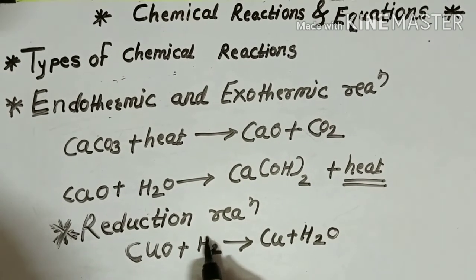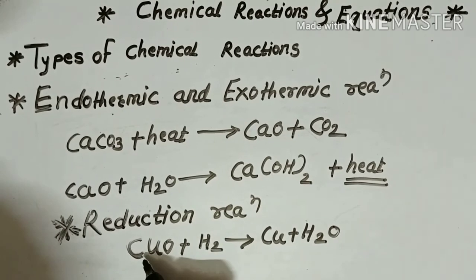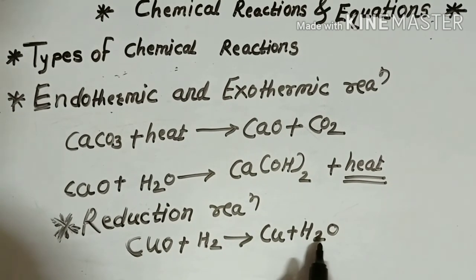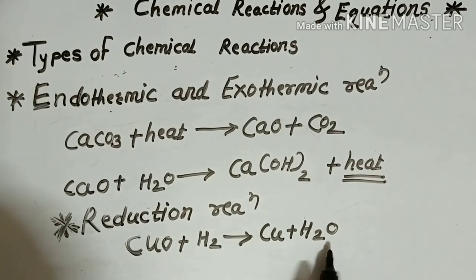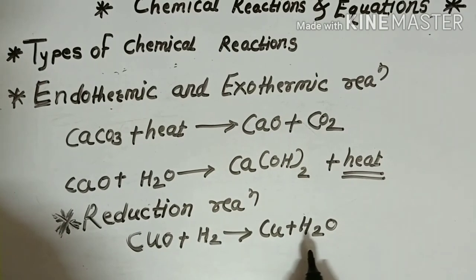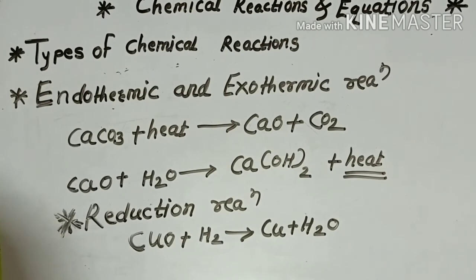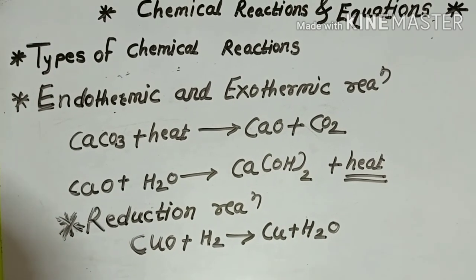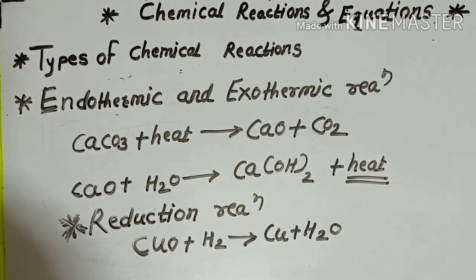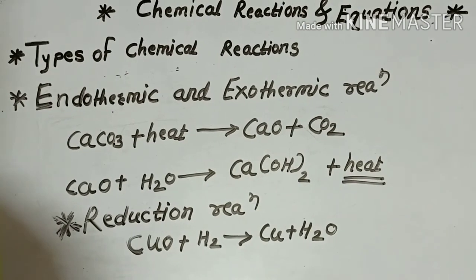Here hydrogen is gained by CuO and there is a formation of Cu plus H2O. How can we define it another way? The reaction in which a reactant loses oxygen to form the product is also called a reduction reaction.